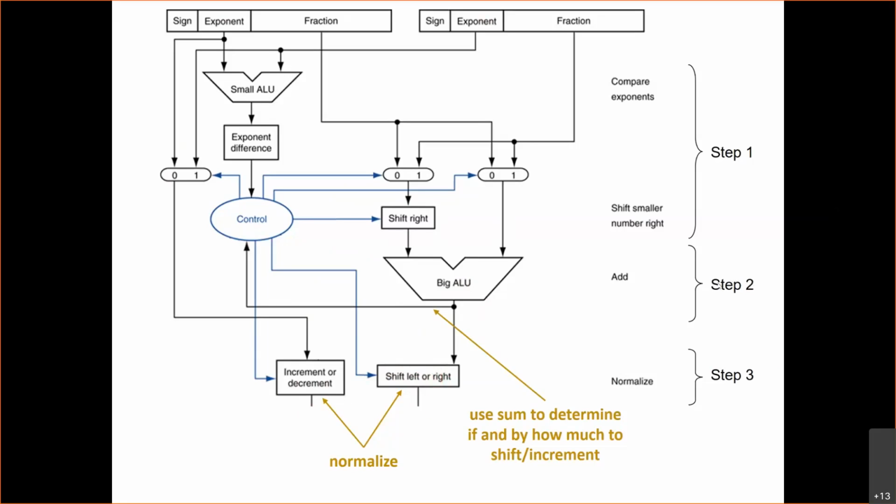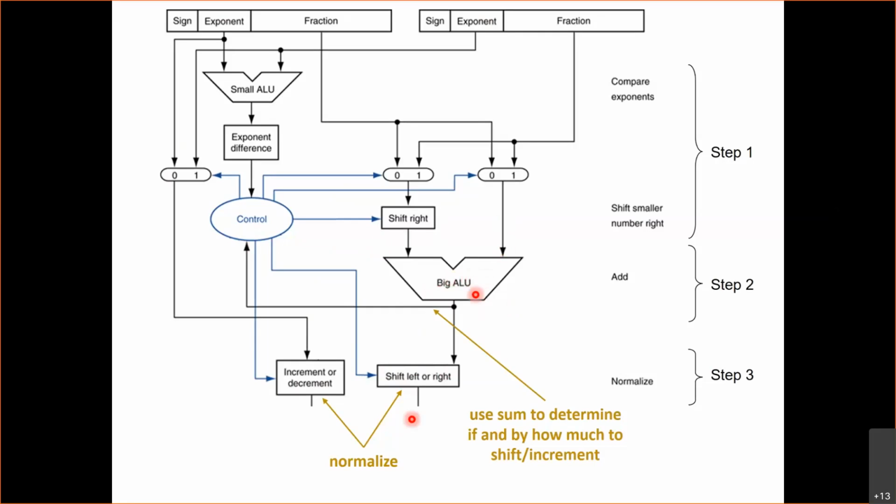Yes, of course. There's the implicit one, and that implicit one is going to be coming in from here into the big ALU. So the big ALU is not precisely 23 bits. It has an additional bit for that hidden one. Okay, so that's a good observation.